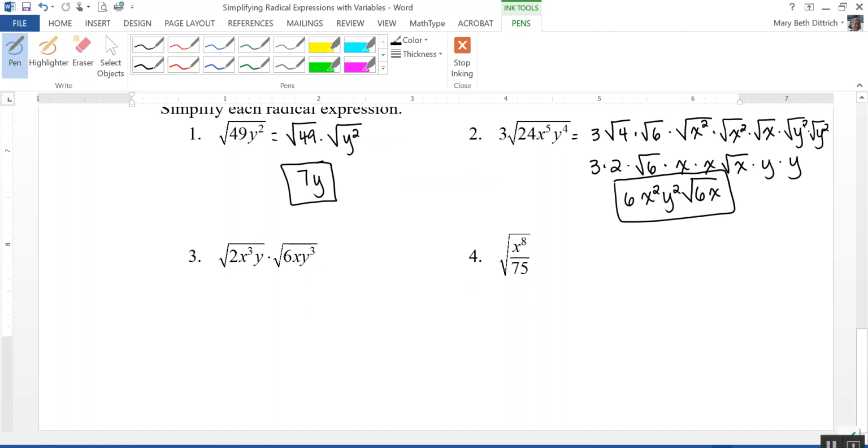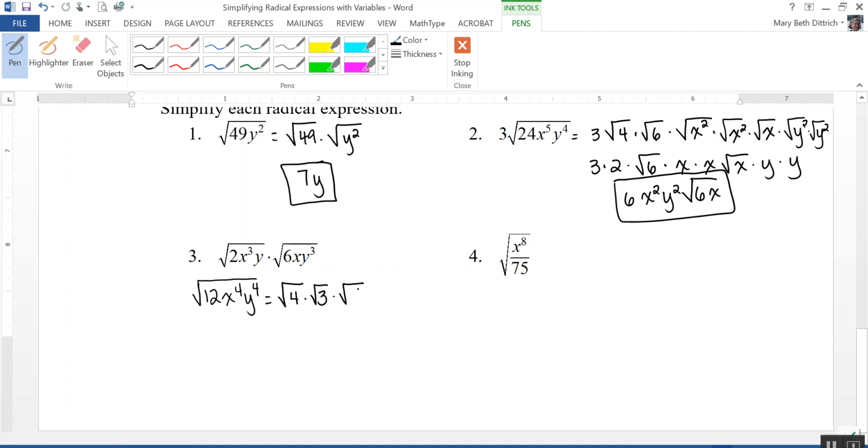And number 3, we have the square root of 2x cubed y times the square root of 6xy cubed. I'm going to go ahead and combine those into the square root of 12, x to the 4th, y to the 4th. And we'll just go ahead and write each of those as their perfect square factors. So 12 is the square root of 4 times the square root of 3.